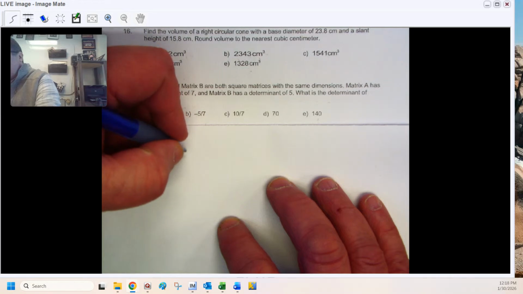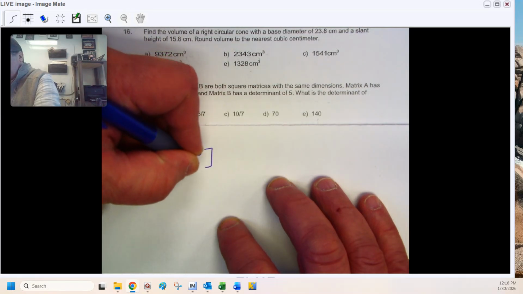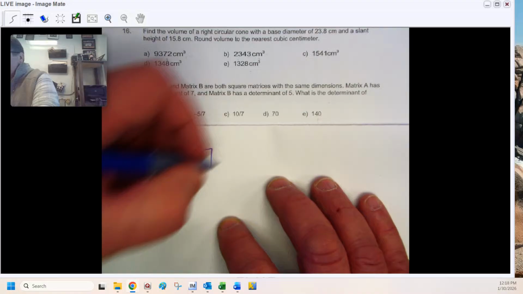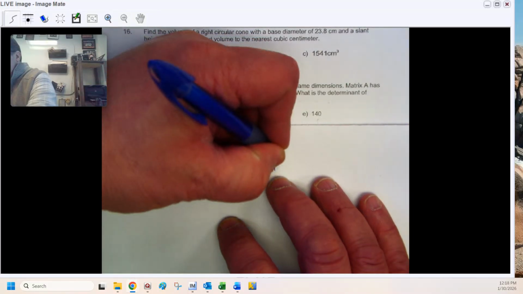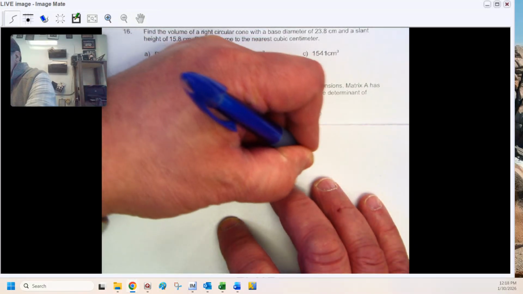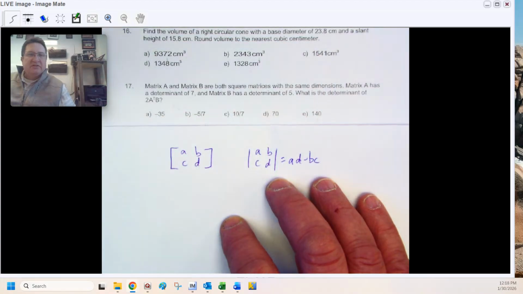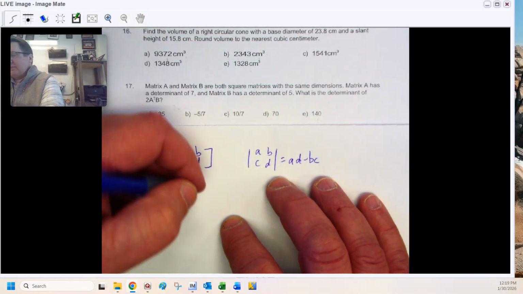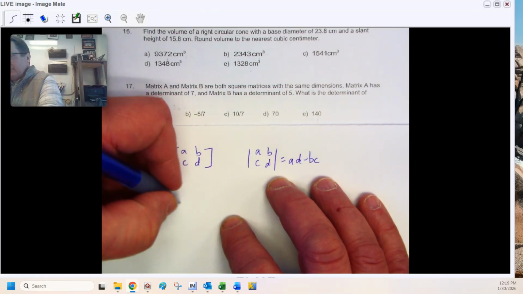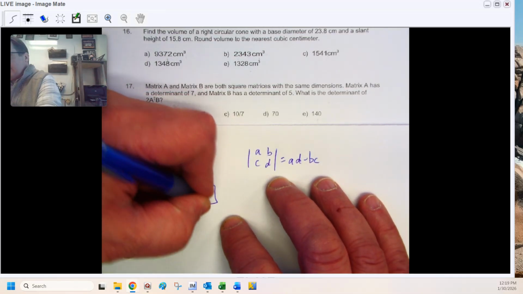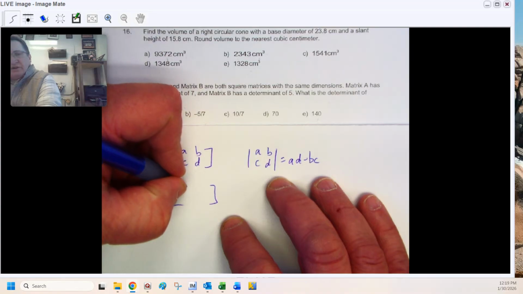A determinant of a 2x2 square matrix that looks like this, we write it with the absolute value signs, but the determinant is AD minus BC. And so we're going to just come up with a matrix A whose determinant is 7 and a matrix B whose determinant is 5.